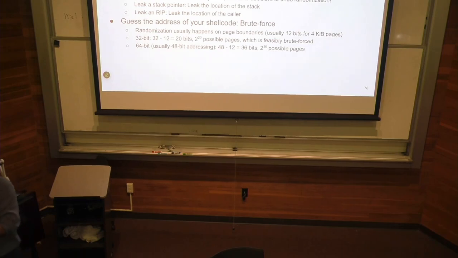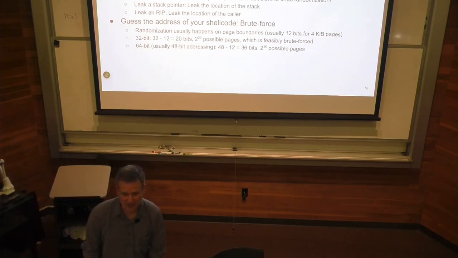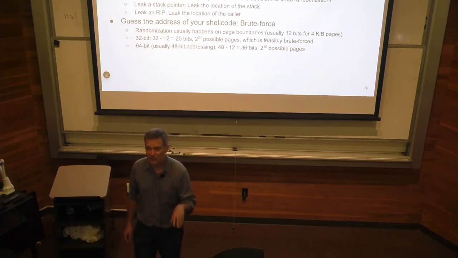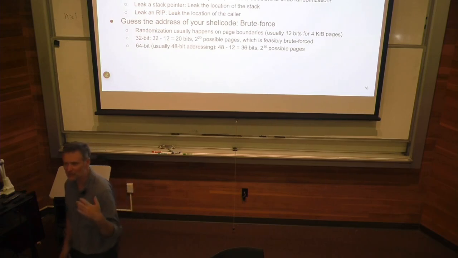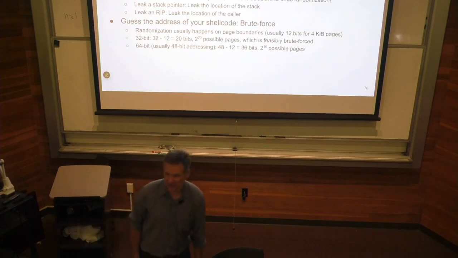Like they brute force a canary, brute force the random addresses, just randomly guess. And it depends on the system. It's an implementation detail how much randomization is done. Some early systems used only 20 bits of randomization. And so you could just barely guess. If you tried 1,000,000 times, probably once you'd guess correctly. But on the newest 64-bit machines, it's just not feasible anymore.